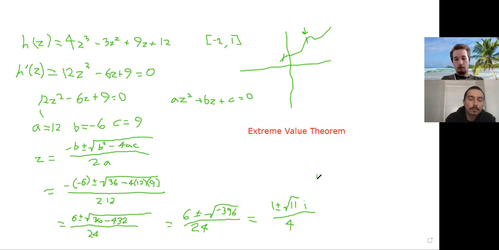And i is equal to the square root of negative 1, because it's imaginary. It doesn't exist. And because the extrema of this does not exist, this isn't an actual answer.